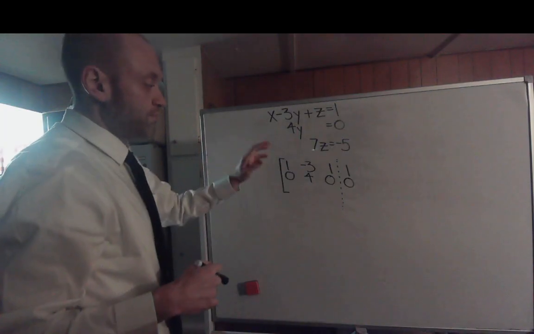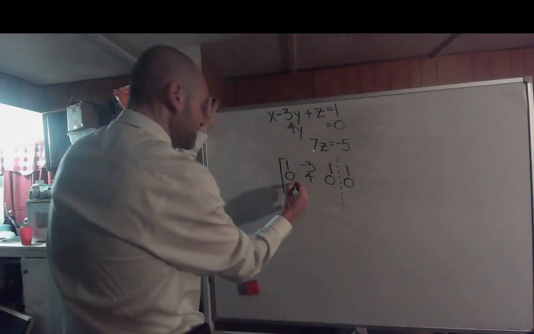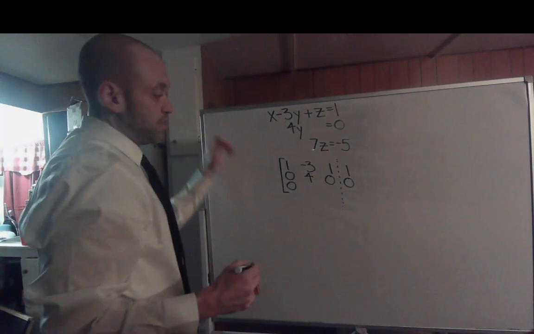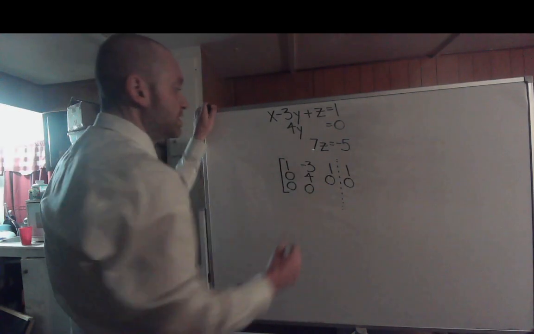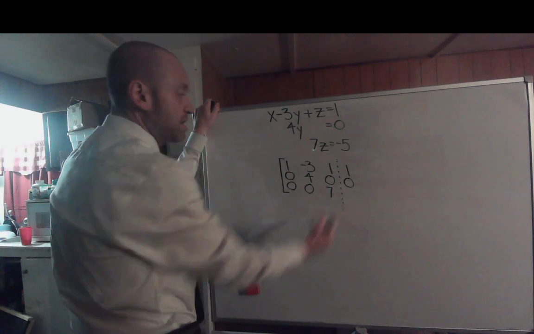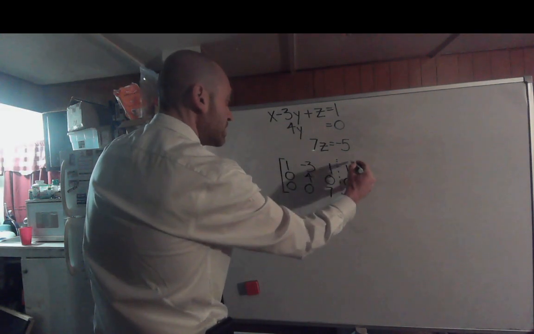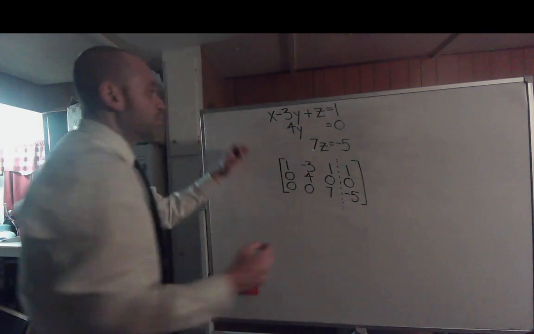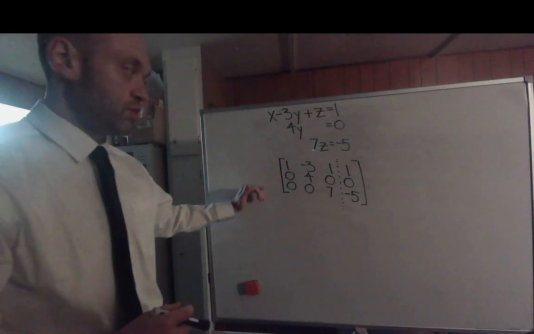Alright, first entry of the third row, coefficient on the x, that's also 0. Then the coefficient of the y is also 0. Then the coefficient of z is 7. And then to the right of the augmentation line would be that negative 5. So that's how you would represent this particular system as an augmented matrix.